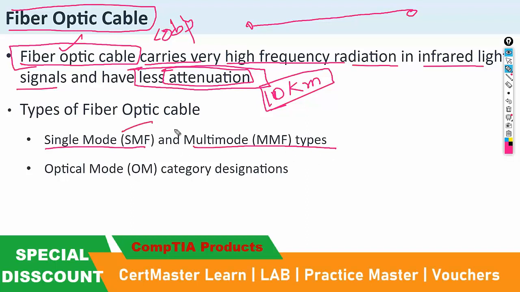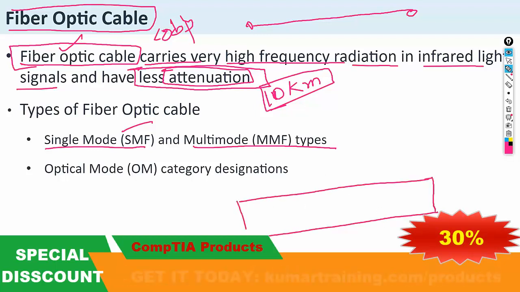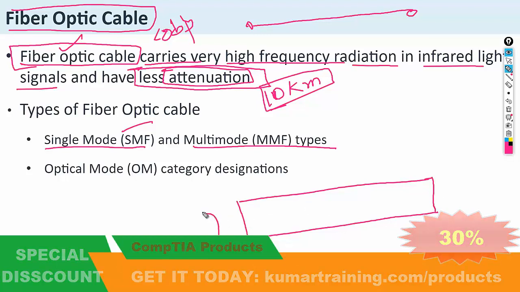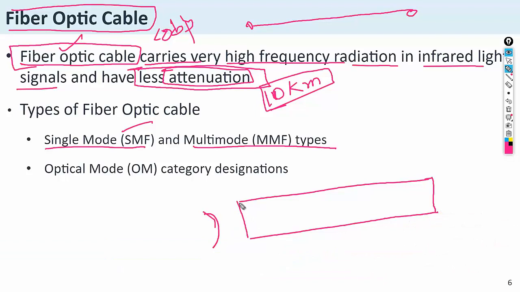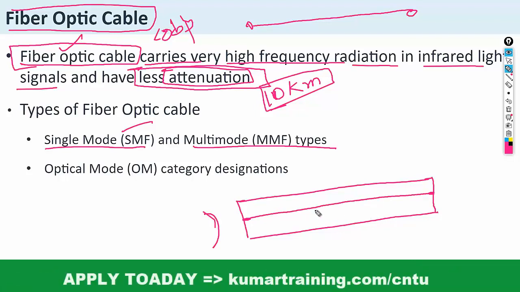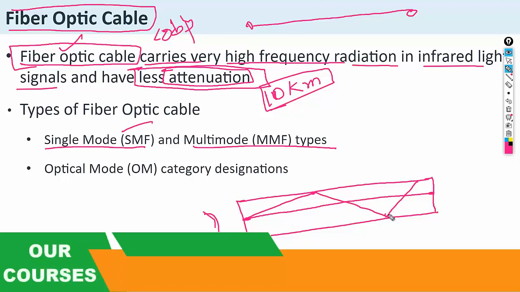When we talk about single mode, in a fiber optical cable the data is traveling in a light format. As you know, light always travels in a straight direction. If it hits the wall anywhere, it will reflect again and again.